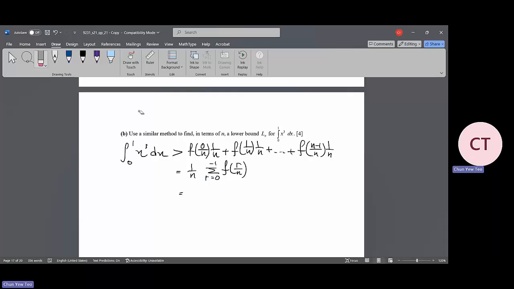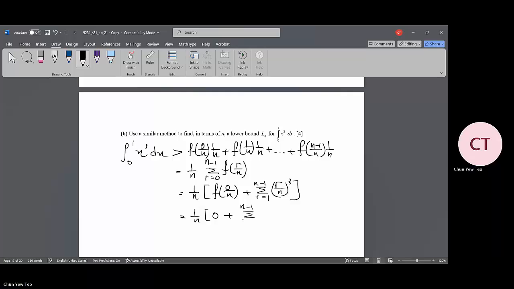So what you need to do over here is to separate it: f(0 over n), and this one you can write as starting from 1. Then it will be r over n cubed. Now f(0 over n) actually is a 0. Then this one will be r cubed over n cubed. So we factorize the n cubed out, you get n to the power 4.